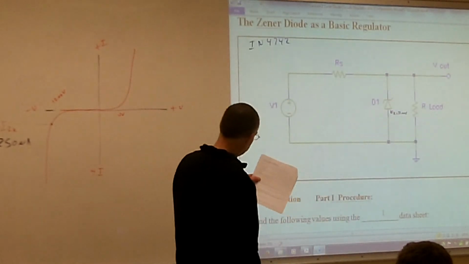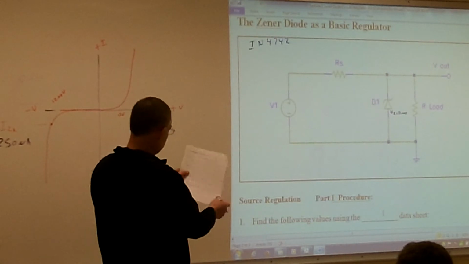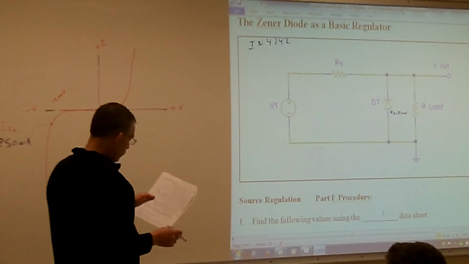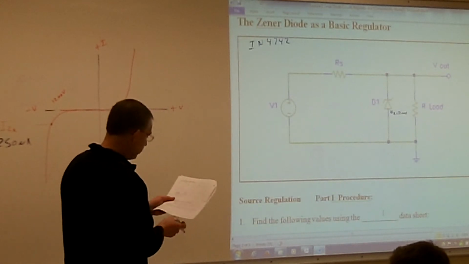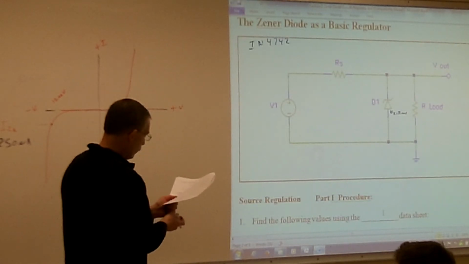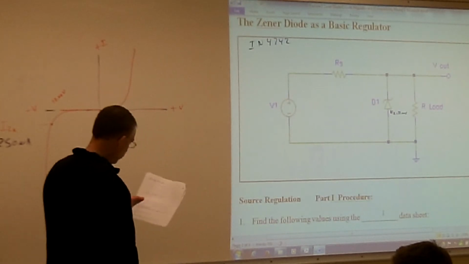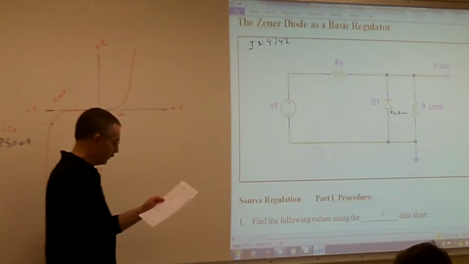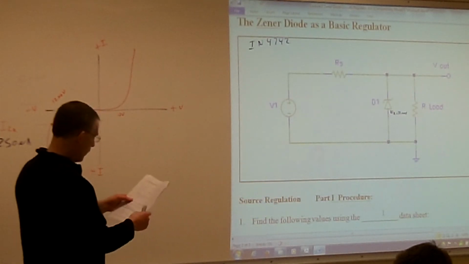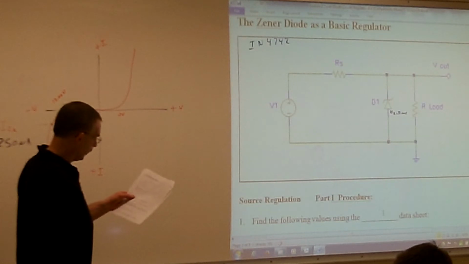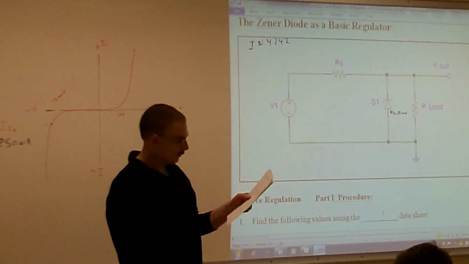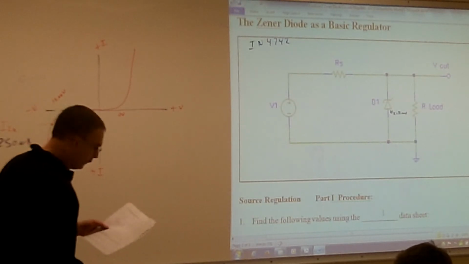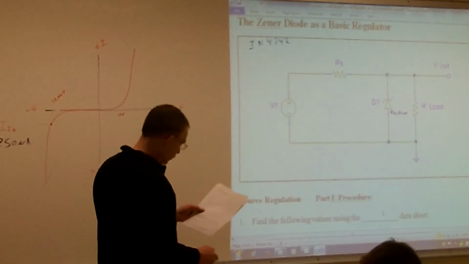I'm getting this right off your lecture sheet right below here. My test current for that nominal voltage, they did the test current at how many amps? 21 milliamps. My knee current to maintain regulation is how many amps? 250 microamps.